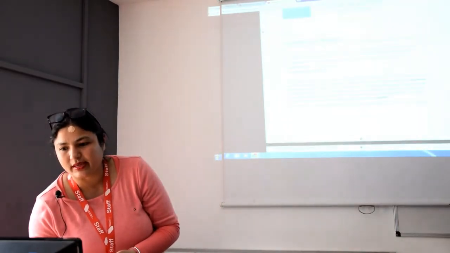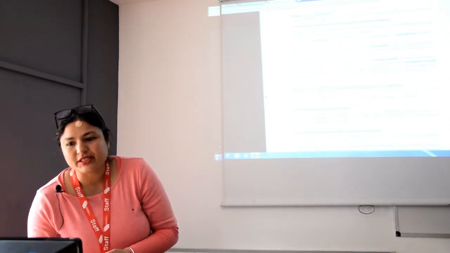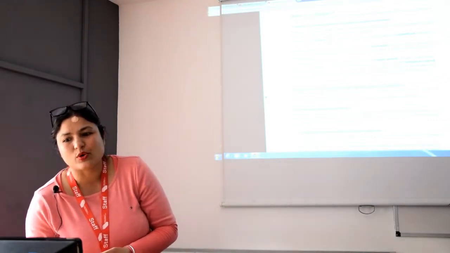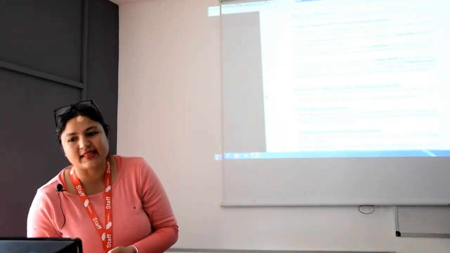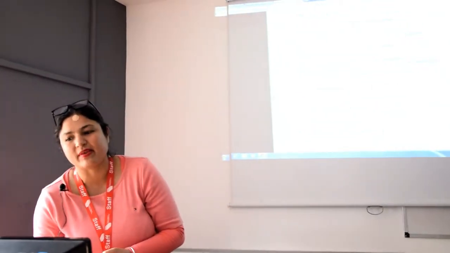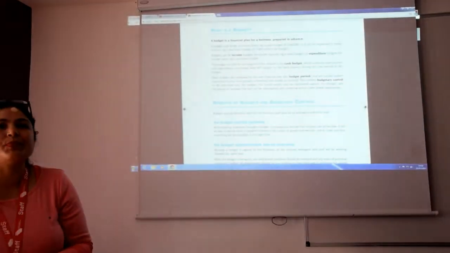So if we go down here in this article, it says budgetary control is to be exercised over the budget. The actual results can be monitored against the budget, and the discrepancies between the two can be investigated and corrective actions taken where appropriate.